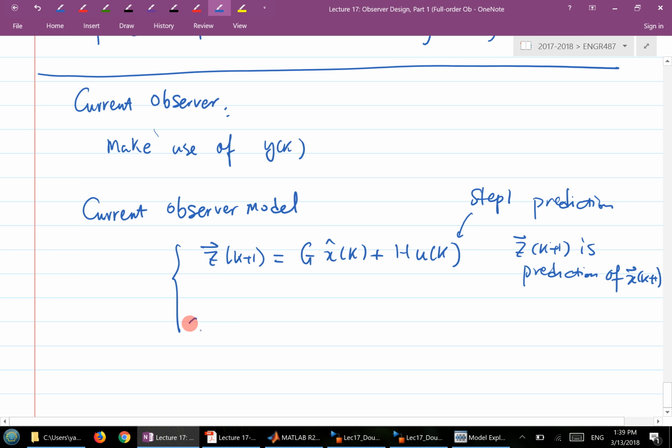Now the second step is to come up with the actual estimation x hat. So we make use of this z value, which is the prediction from step number 1, and then we modify this by adding this term here.